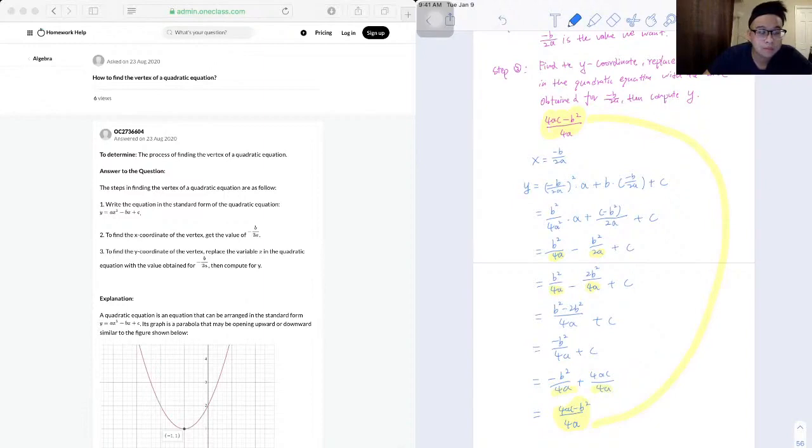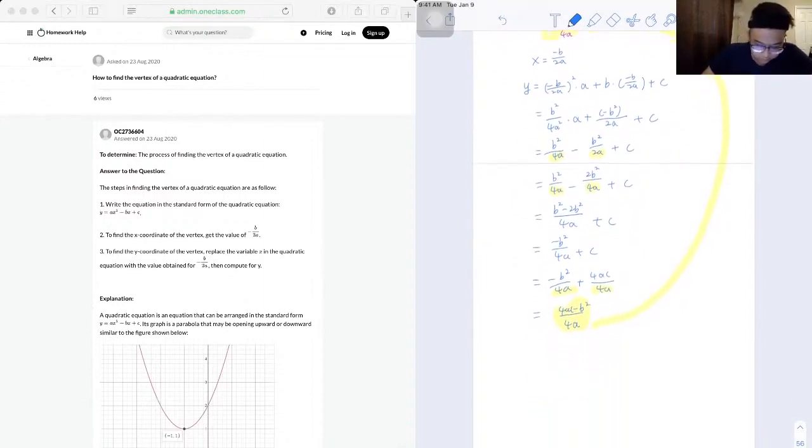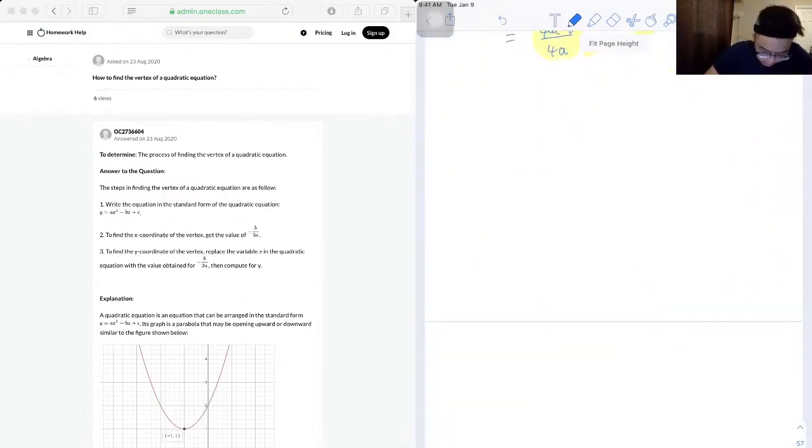I'm just going to use a couple more diagrams and graphs to help you understand how to find the vertex. So let's say we have a graph that looks like this, with the x-axis and the y-axis.